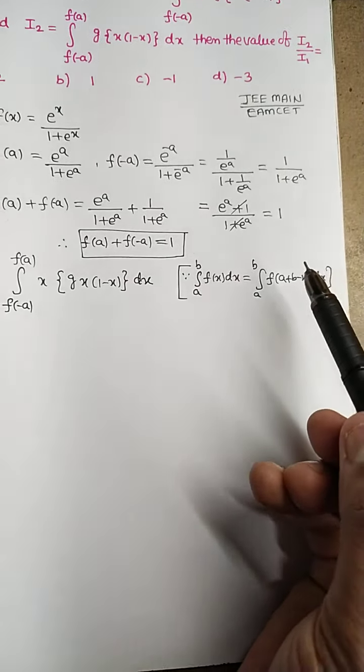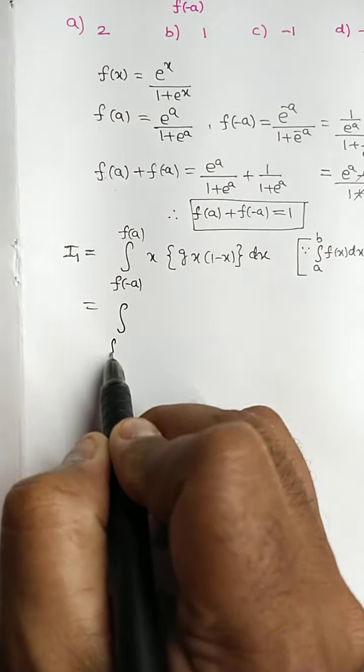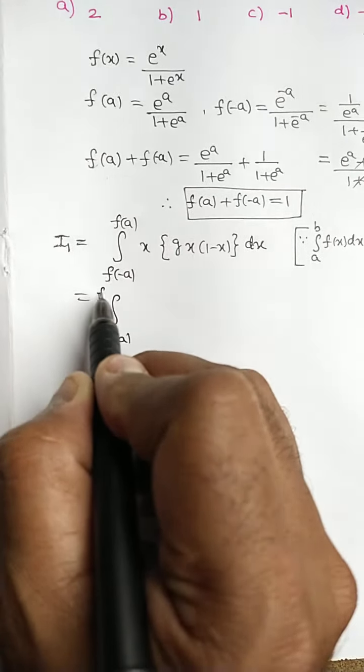By using this property, this I1 can be written as the integral from f of minus a to f of a.